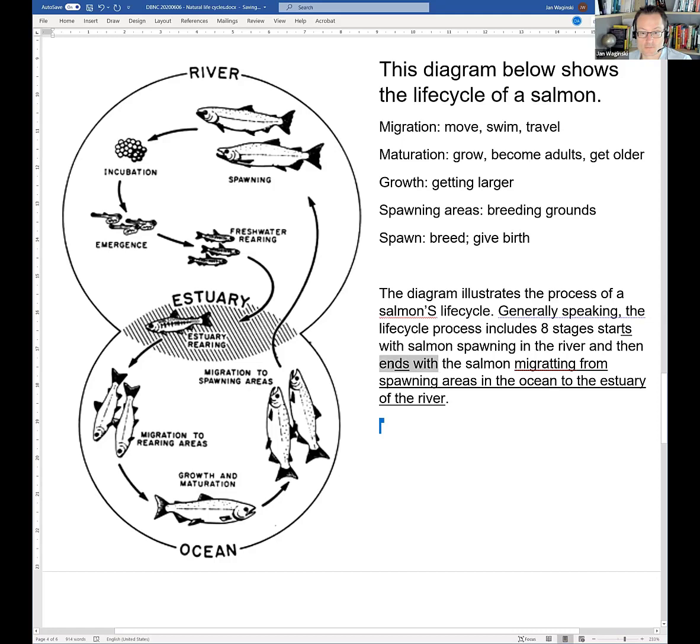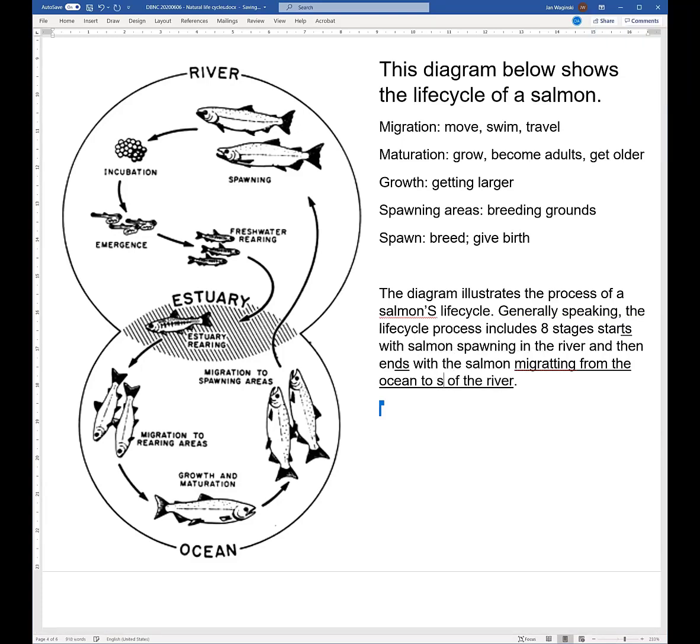Oh yeah. Migrating from spawning areas in the... so the spawning area is not in the ocean. The spawning area is in the river part. So it's migrating from the ocean into the spawning areas of the river.